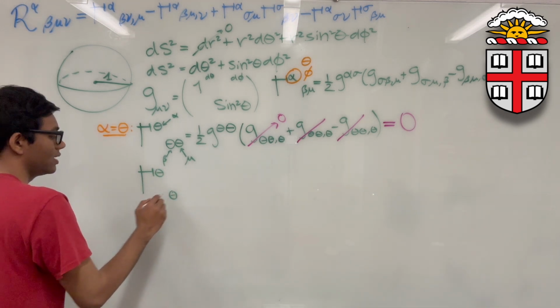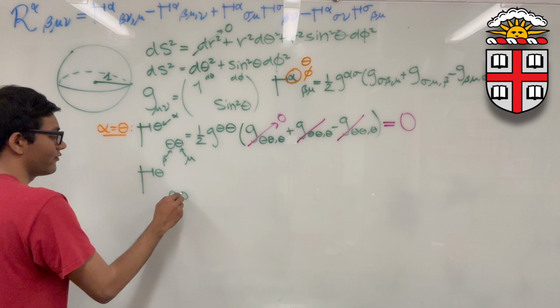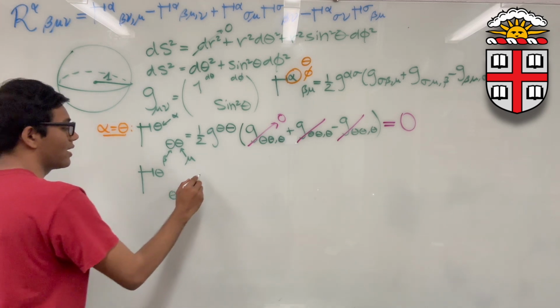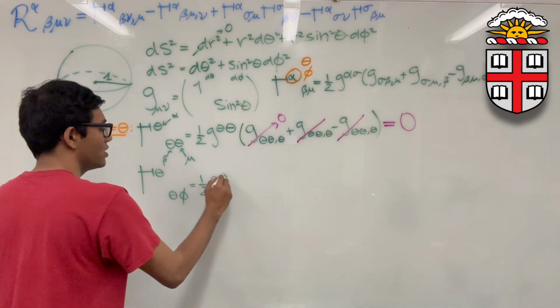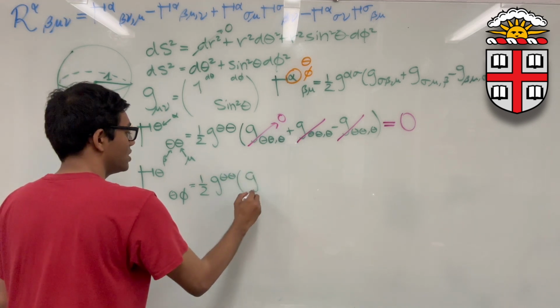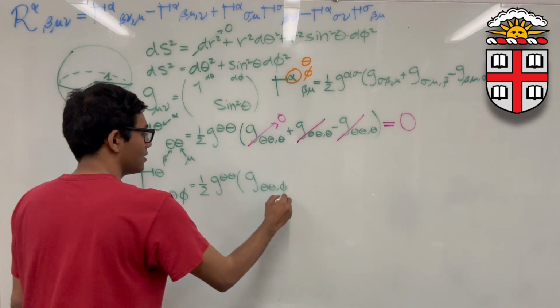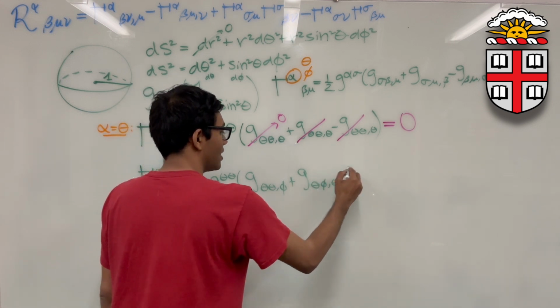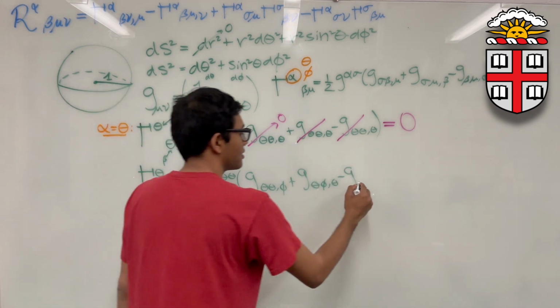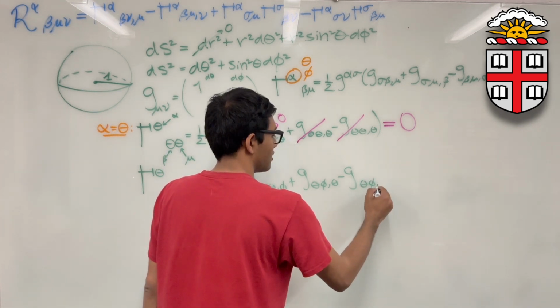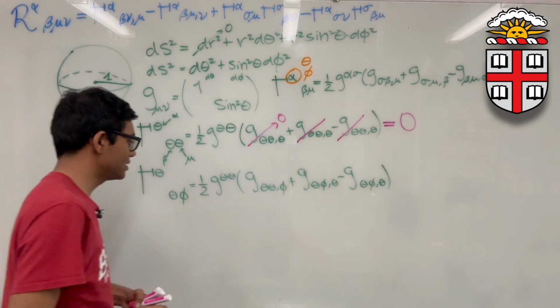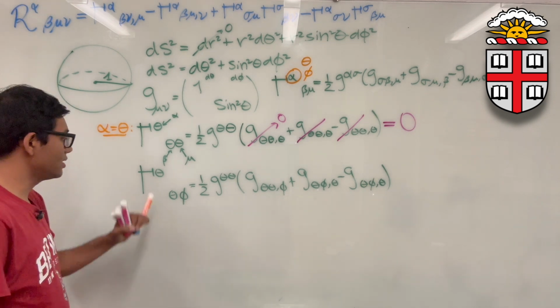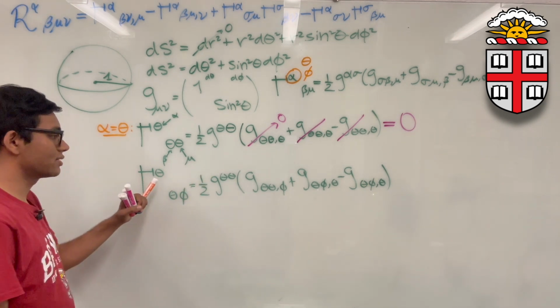Let's say we evaluate g theta theta phi. Okay, so now we'll have 1/2 g theta theta, and then we'll have g theta theta comma phi plus g theta phi comma theta minus g theta phi comma theta. Now let's see if I lost my mind or if these two terms actually cancel out.